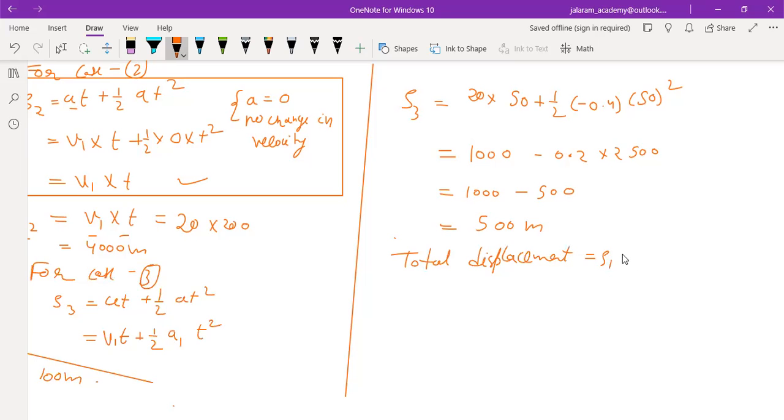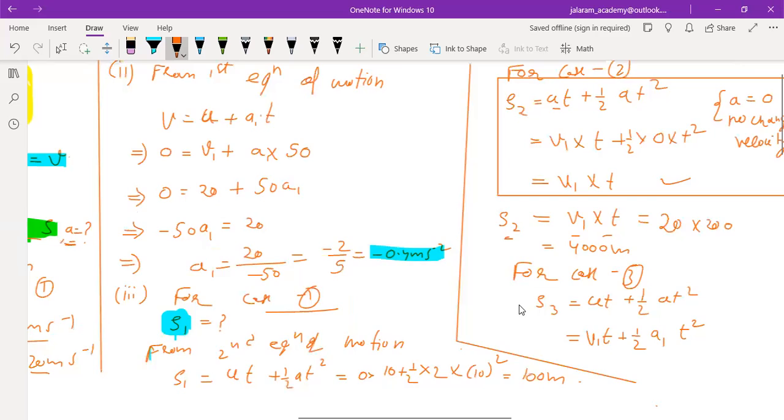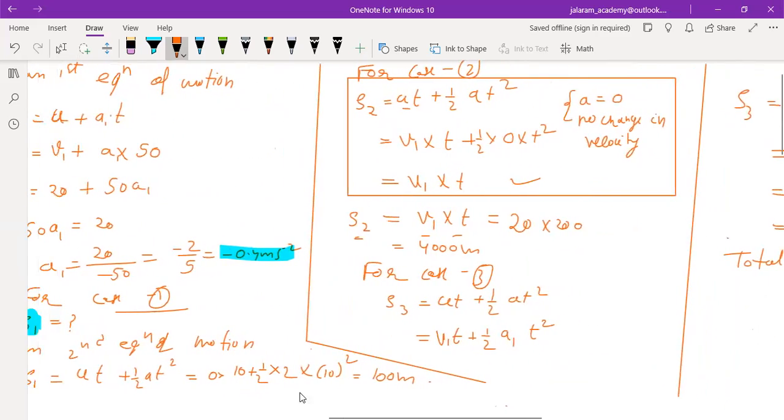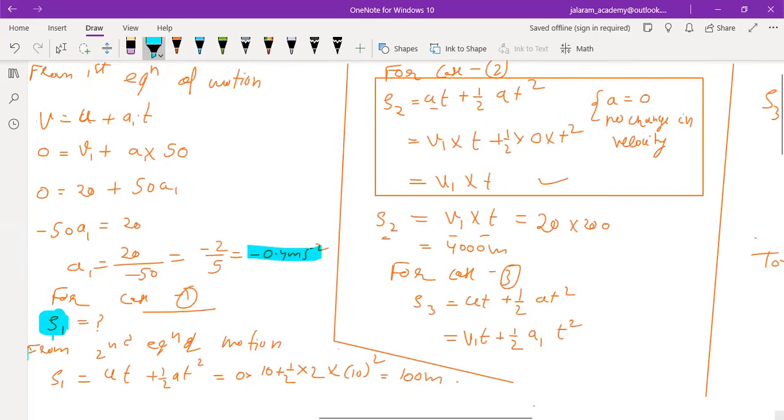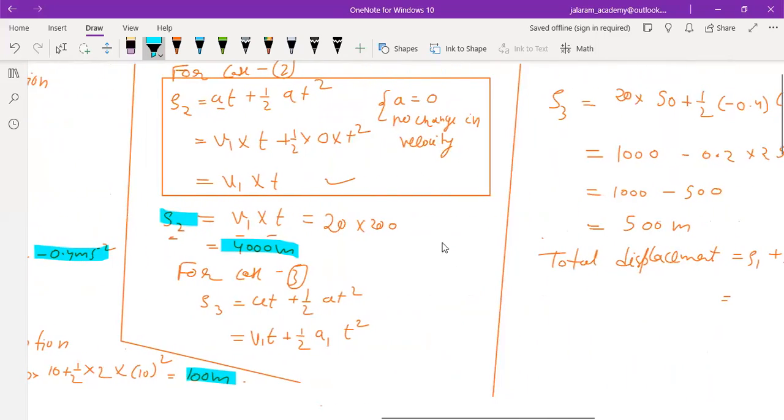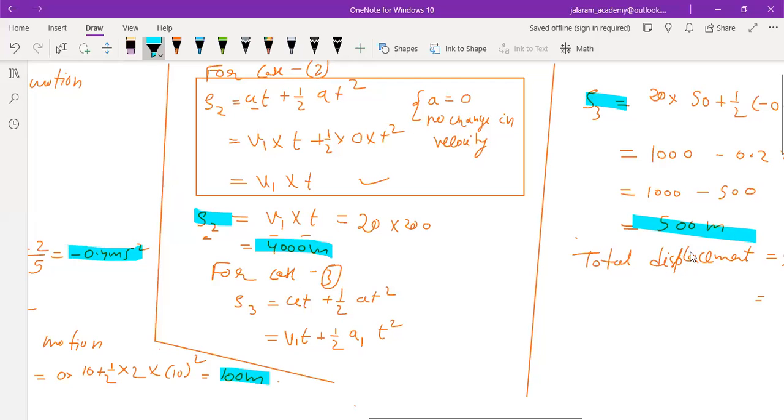So the total displacement is equal to S1 plus S2 plus S3. S1 we calculated in the first part, it is 100 meter. S2 is 4000 meter. S3 is 500 meter.